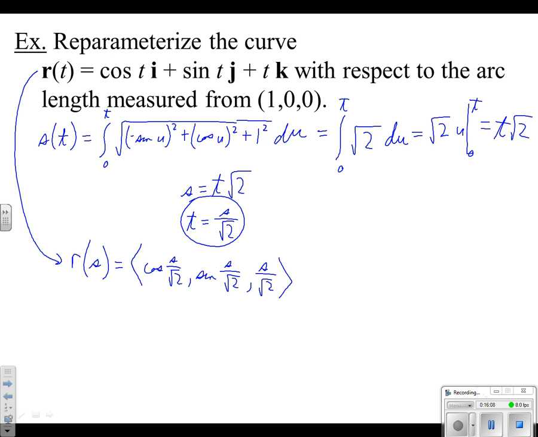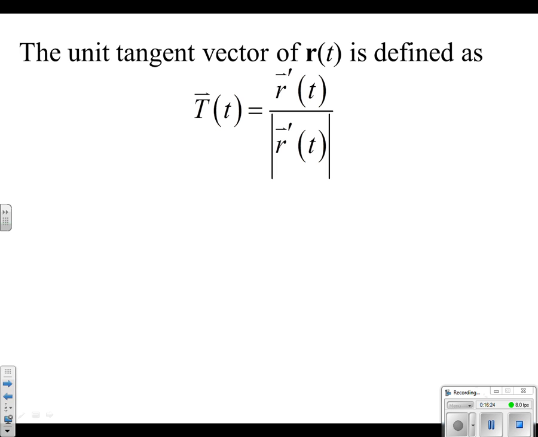Okay, so we are going to talk about some other vectors that inform our understanding of the shape of a vector function. By the way, this arc length parameter will come back. There's a good reason we're doing it in this section. So the first vector I want to talk about is the unit tangent vector, T of t. We know that r prime is going to be tangent to our curve.